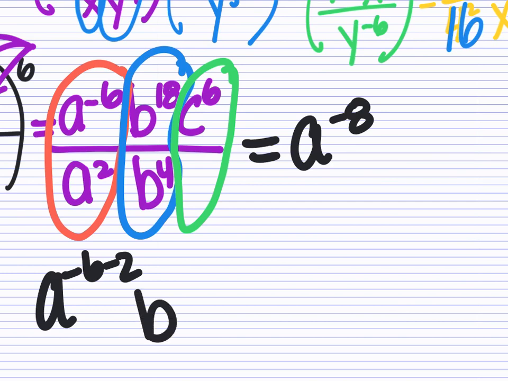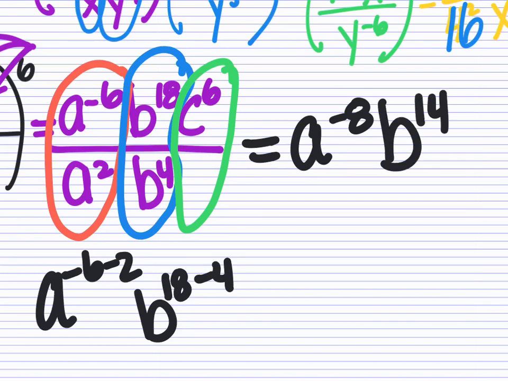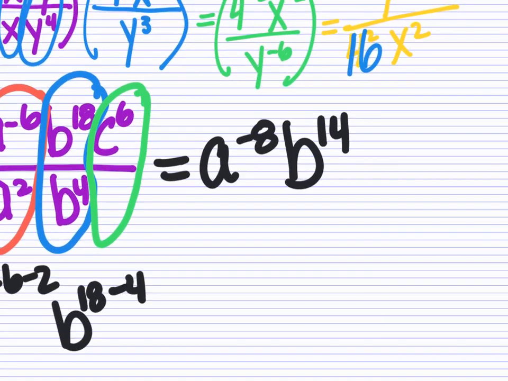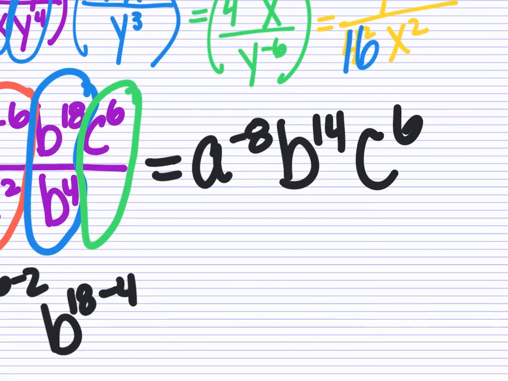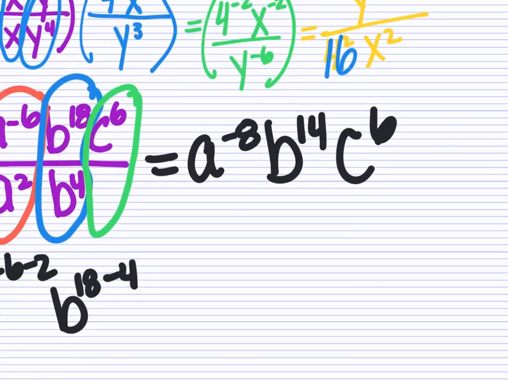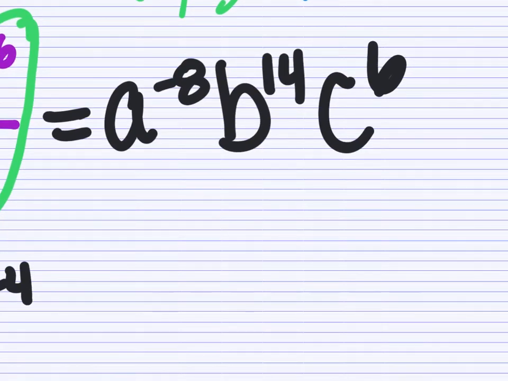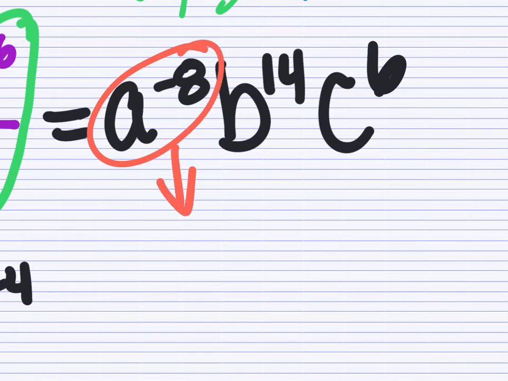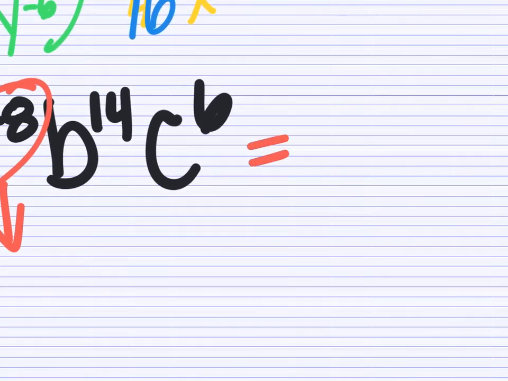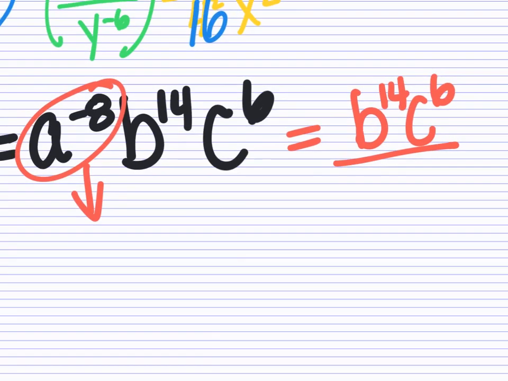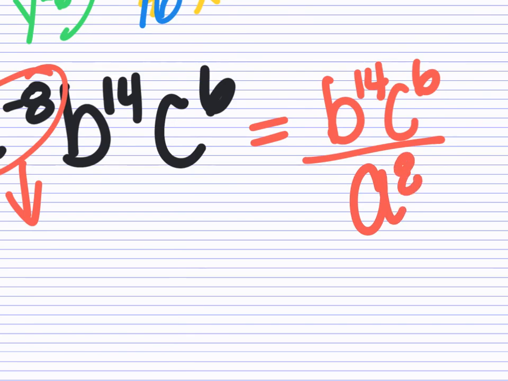Then we have b to the 18th minus 4, giving me b to the 14th. And then we have c to the 6th left by itself. Notice the only thing with a negative exponent is the a. So that's going to drop to the bottom, leaving me with b to the 14th, c to the 6th over a to the 8th.